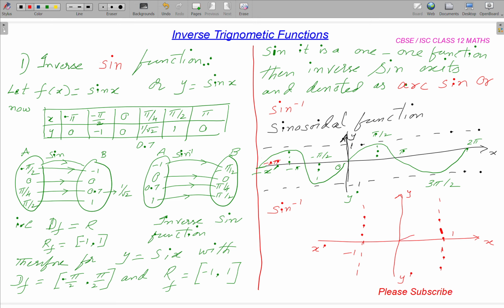Now it becomes pi, plus pi by 2, minus pi by 2, minus pi.